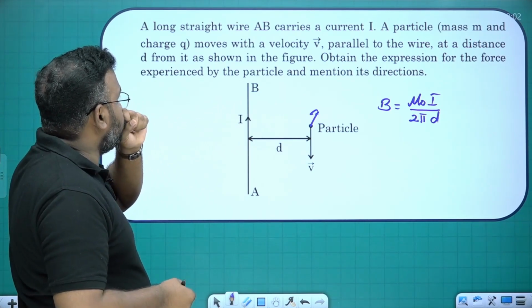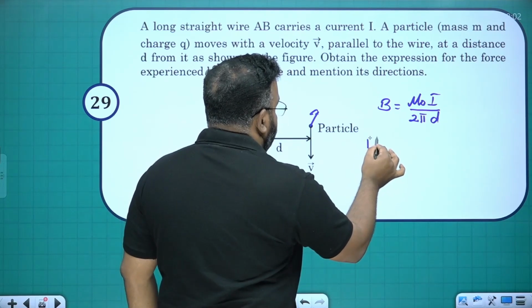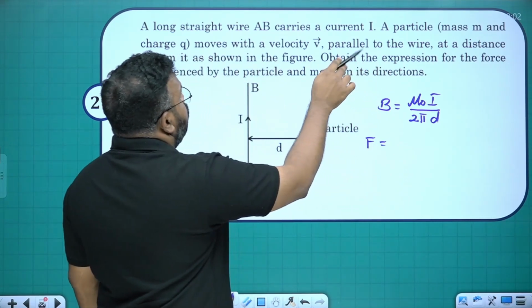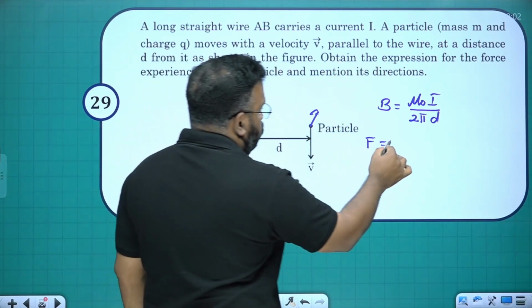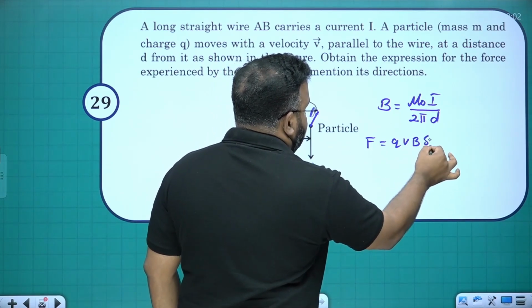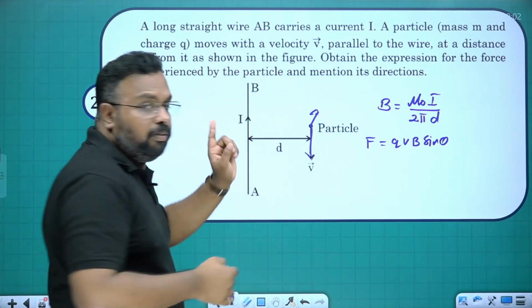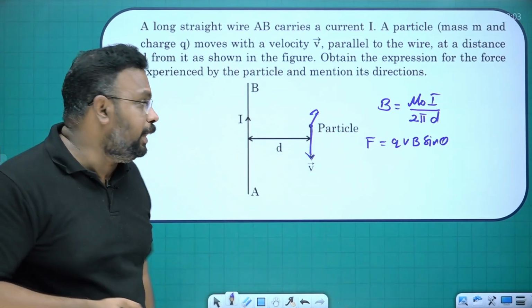Obtain the expression for the force experienced by the particle. What is the force formula? qvB sin theta. The charge is q, the velocity is v. What is the theta value? The charge is moving downward and the magnetic field is inward, so theta is 90.